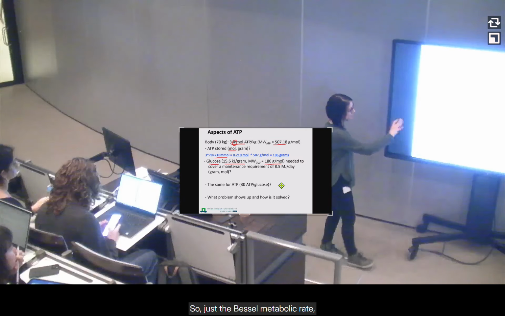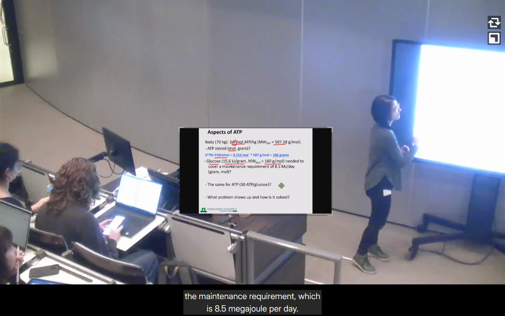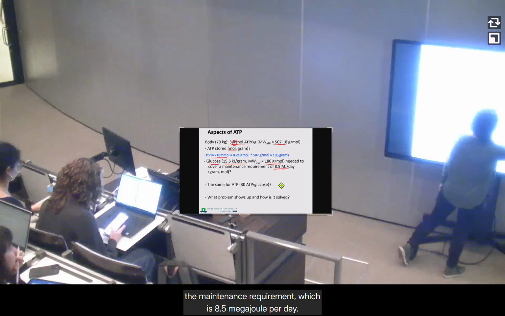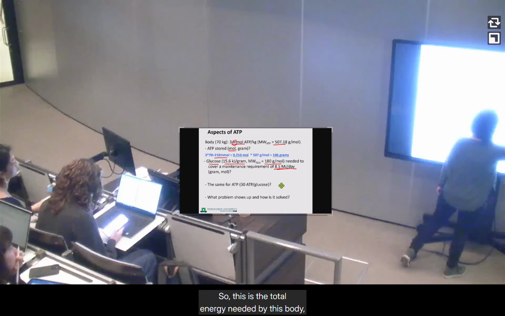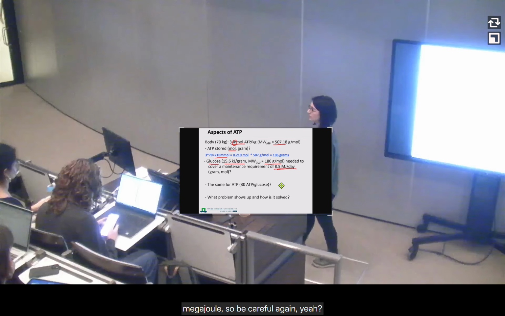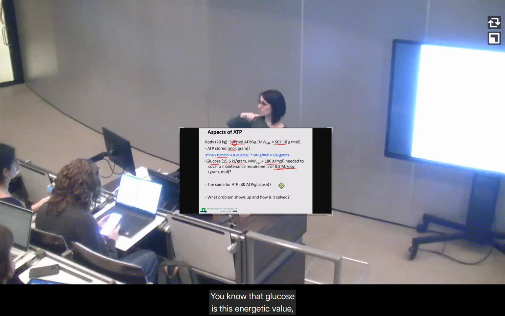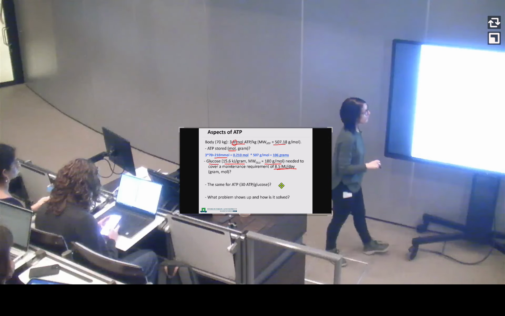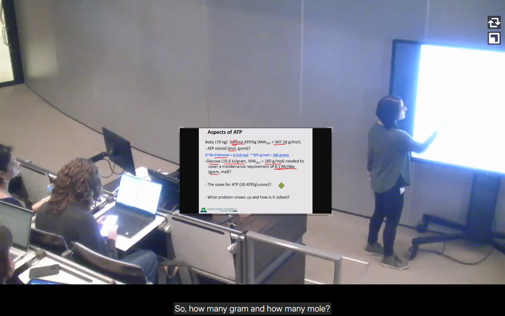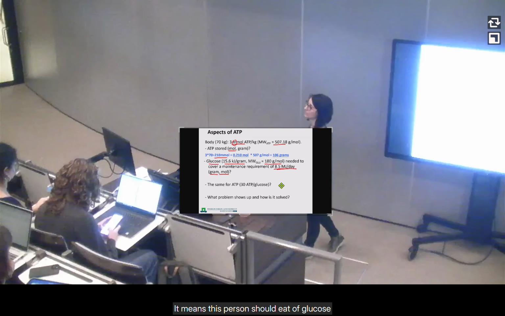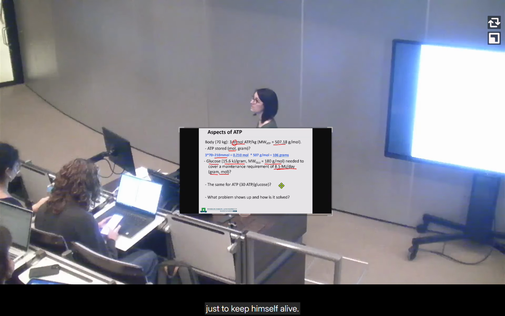So just the basal metabolic rate, the maintenance requirement, which is 8.5 megajoule per day. So this is the total energy needed by this body. Be careful again. You know that glucose has this energetic value, kilojoule per mole. So how many gram and how many mole does this person need to eat of glucose just to keep himself alive?